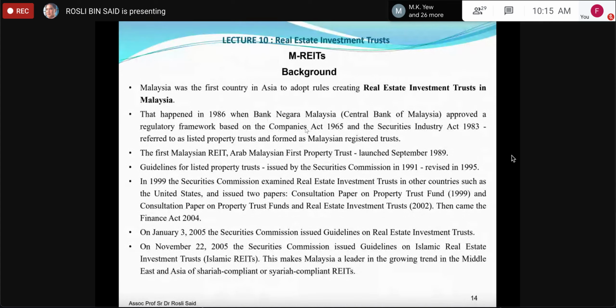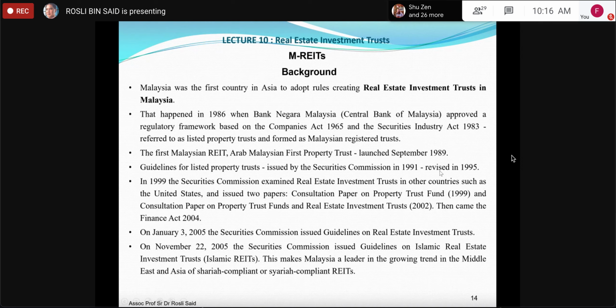After that, the government decided to come up with REIT companies in 2004. So basically, those property trust fund companies transferred themselves to become real estate investment trusts. They started to purchase properties, provide REITs, and do business.